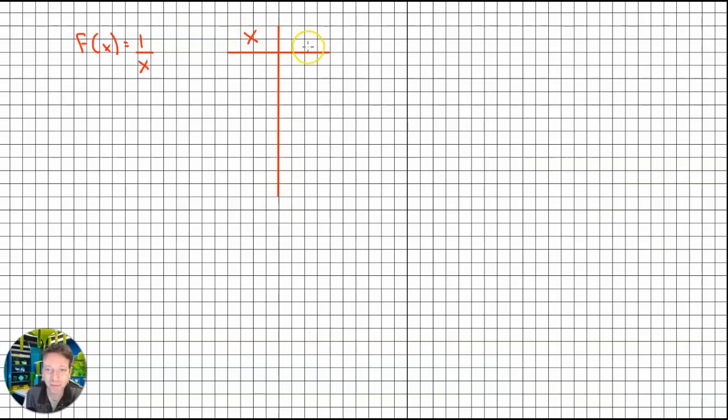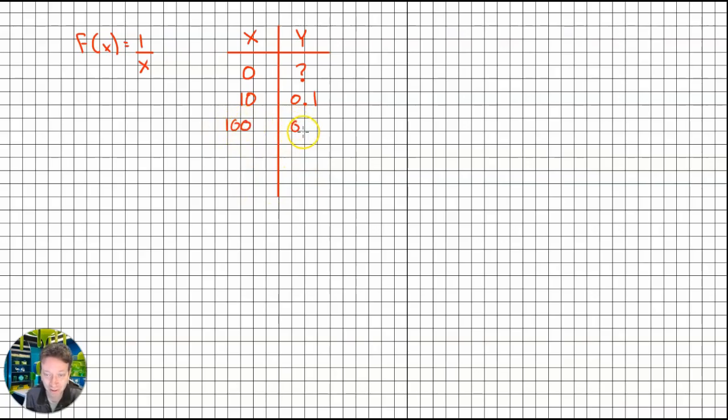In fact, let's check it out. If we were to do our table of values of x and y, and we put x as 0, well, what's 1 divided by 0? Undefined. Okay, well, what if I put x as 10? Well, then that's just 1 divided by 10, 0.1. What if I put it as 100?